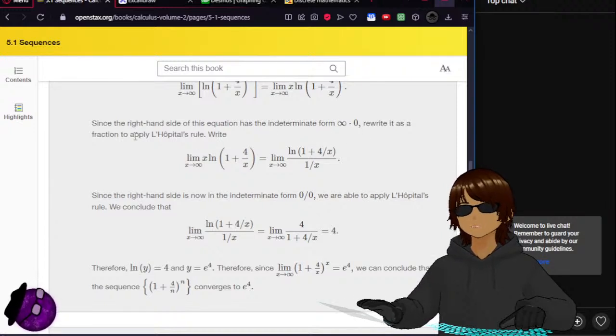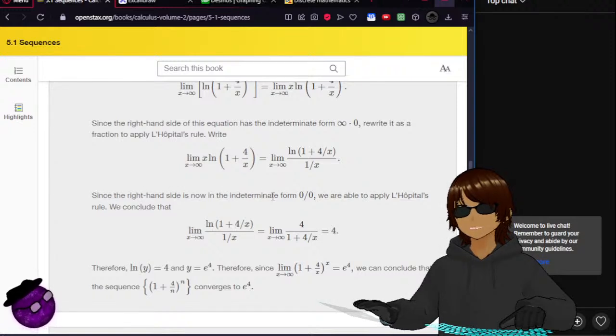Rewrite it as a fraction to apply L'Hopital's rule. Oh, wait, no. Oh, yes, now I understand. Now it is an indeterminate form, 0 over 0. Applying L'Hopital's rule, we get 4.